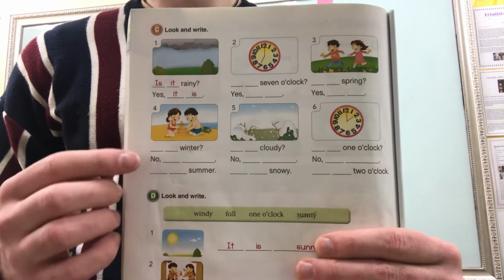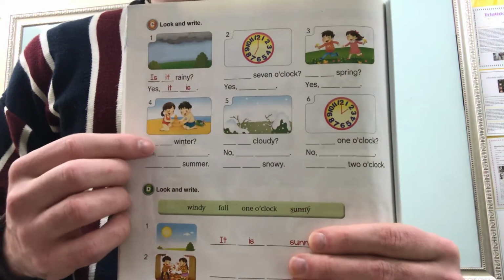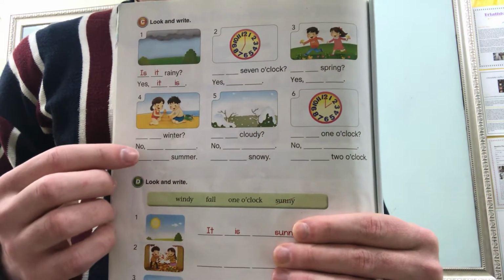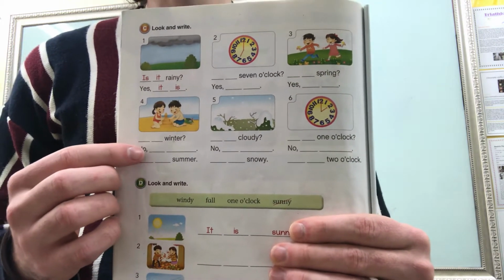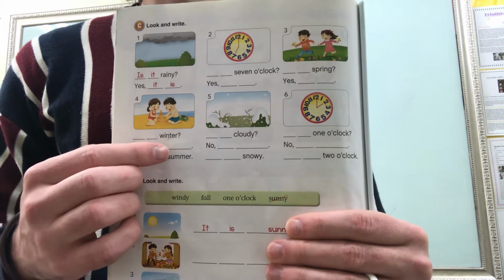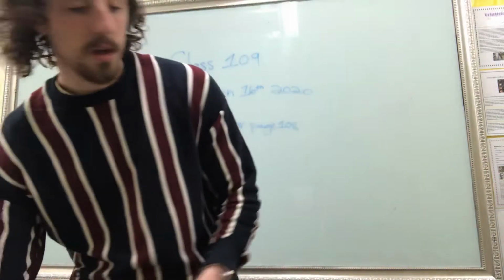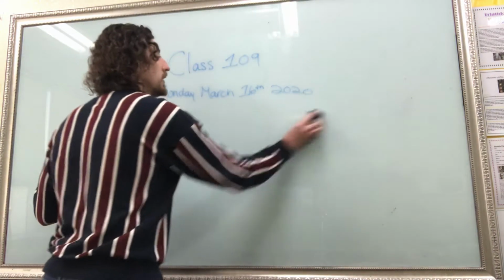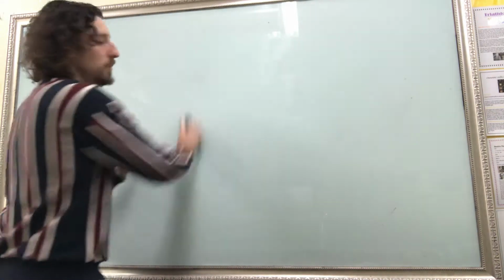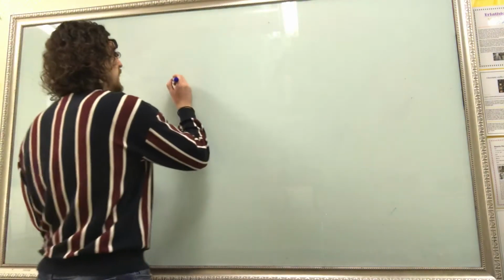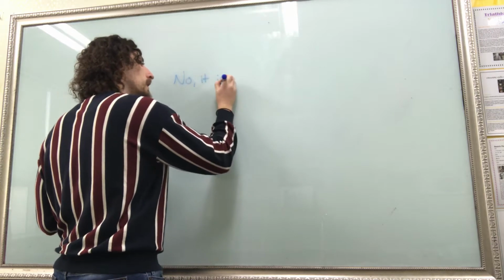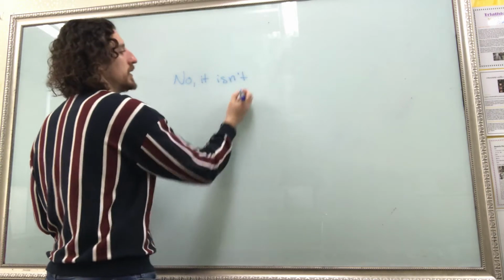Number 4. Same thing. Is it winter? And then for the answer, we have no, it isn't. Okay, so when the answer is no, what we're going to write instead is, the answer now becomes no, it isn't.